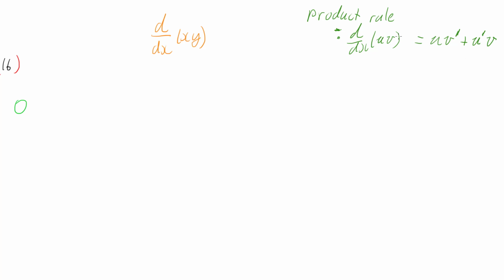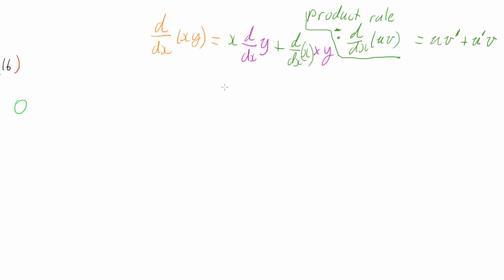If we apply that to our problem, u is just x, so I'm going to have x times the derivative of v, which in this case is y. And I'm going to add on the derivative of x, d/dx of x, times v, which in this case is y.